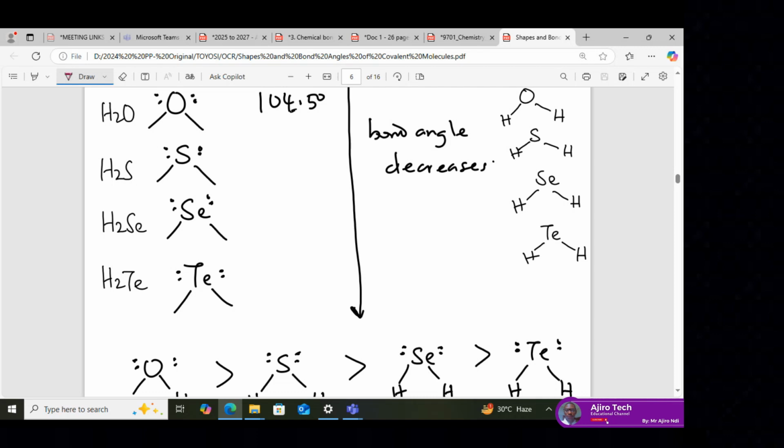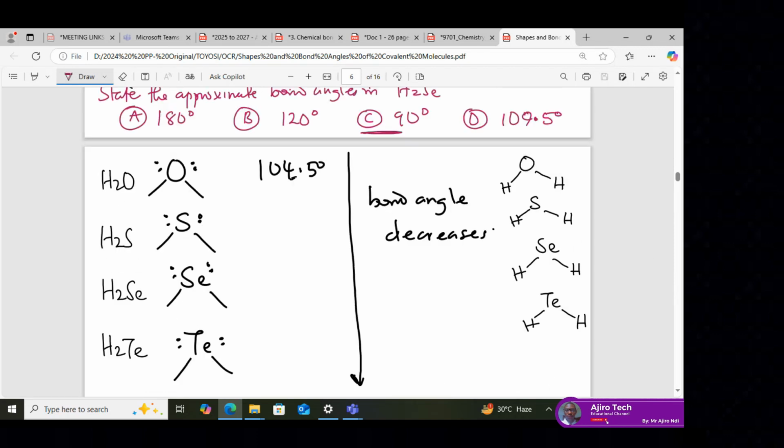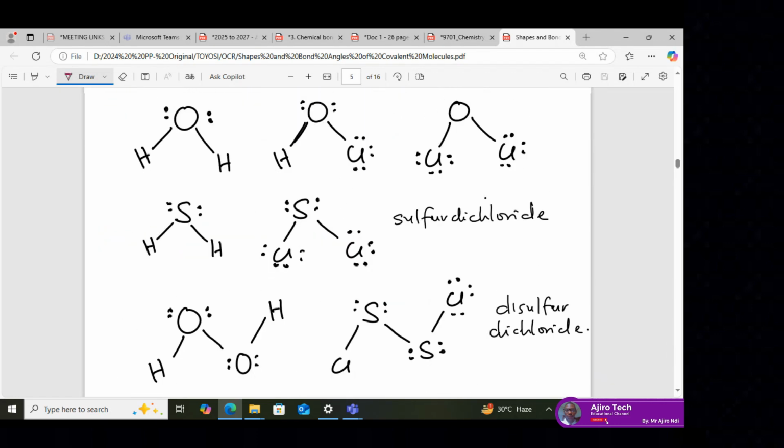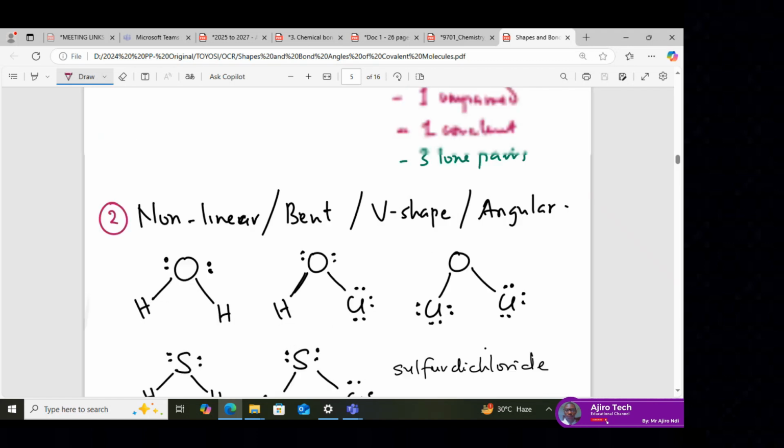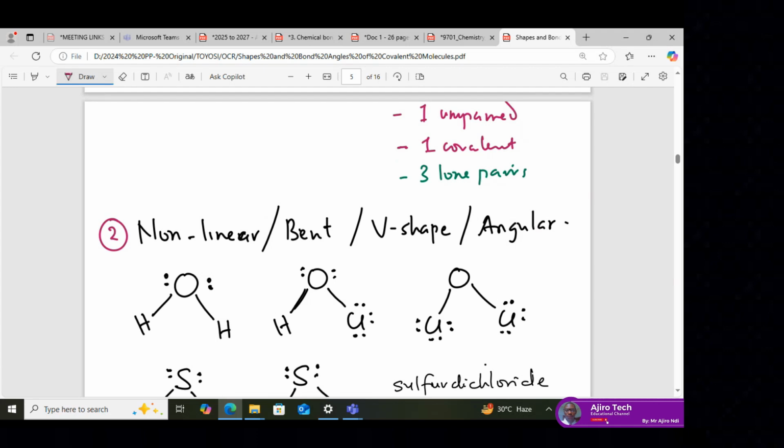Here there are 2 lone pairs on the central atom for bent, or angular, or non-linear. So as you go down the group, other factors being equal, there will be a decrease in bond angle. If there are lone pairs on the central atom, as you go down the group, there's a decrease in bond angle.